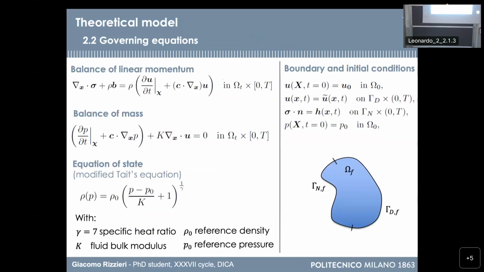Here I've just written the mathematical form of the equations. And on the right side, you can also see the boundary and initial conditions, because we need a suitable set of boundary conditions to create a well-posed problem.